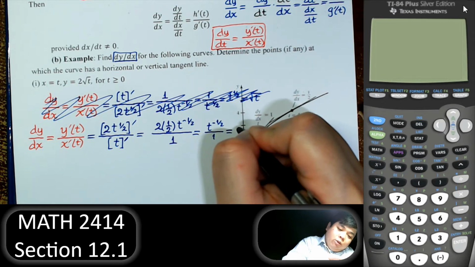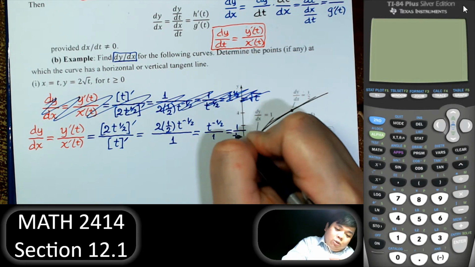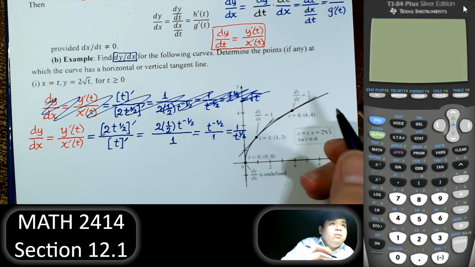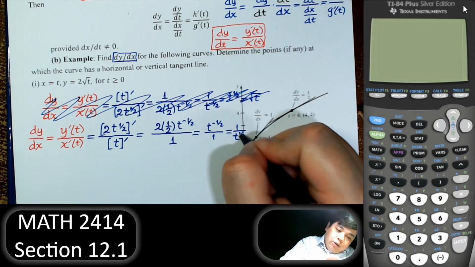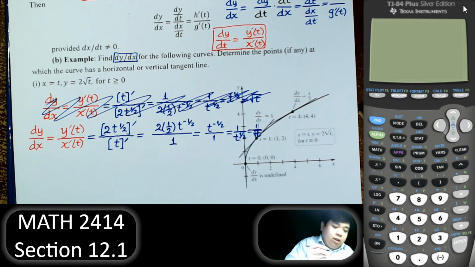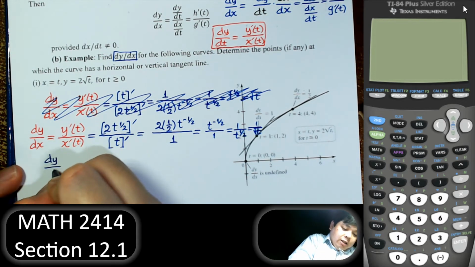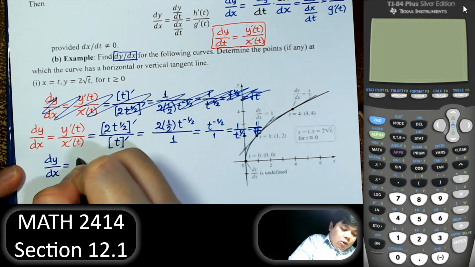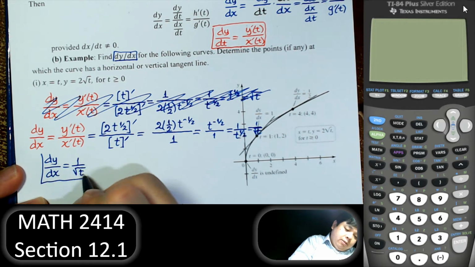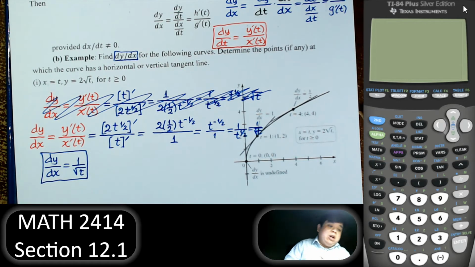I'll move this down, we have 1 over t to the 1/2, which is equal to 1 over square root of t. So we have dy over dx is 1 over square root of t. Make sure we know which one's y, which one's x, and do that accordingly: derivative of y over derivative of x with respect to t.